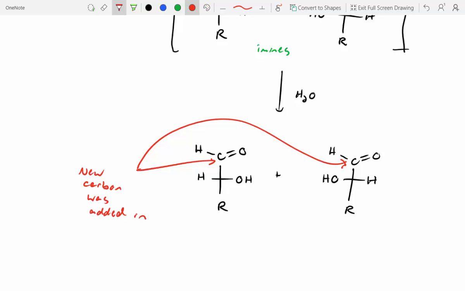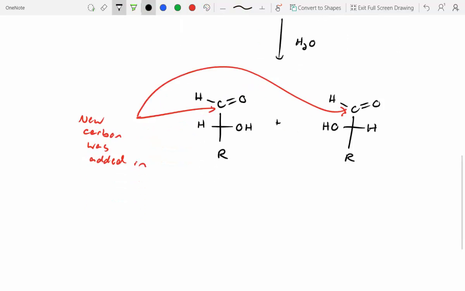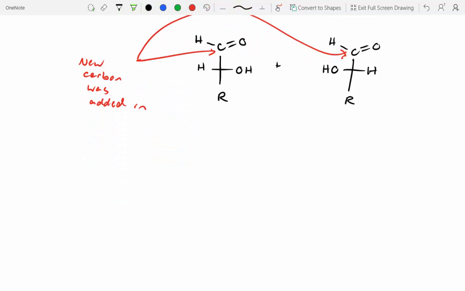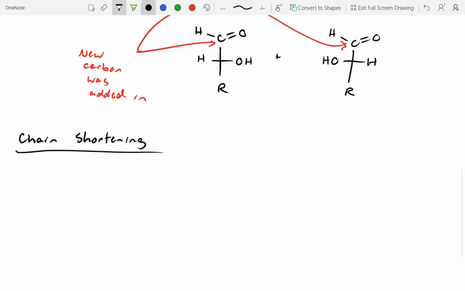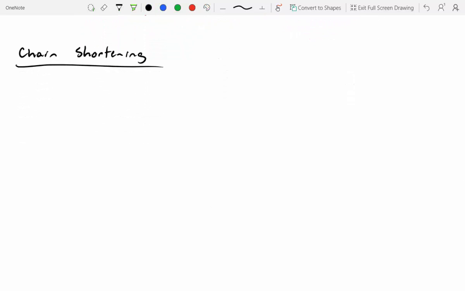However, most chemists and most biochemists simply just purchase the carbohydrates. It's a lot easier to do that. The reverse reaction involves shortening carbohydrates, which again, Fischer was one of the first to really work on this. And this is referred to as the Wohl degradation.